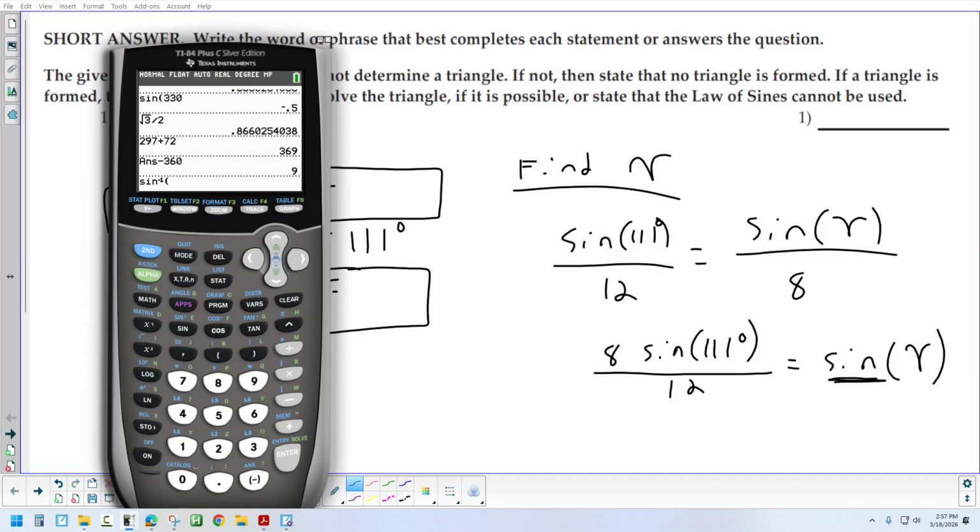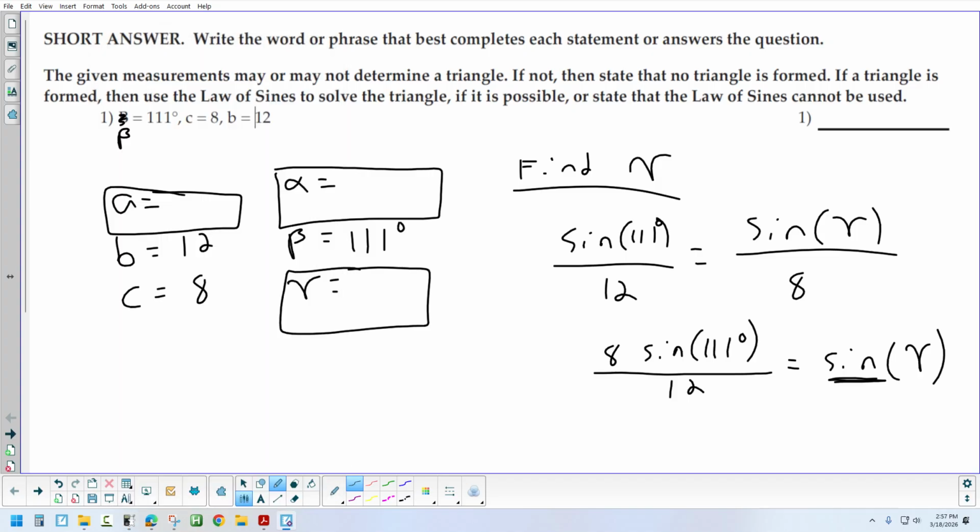So inverse sine of 8 sine 111 divided by 12. I have a feeling this is going to work, so we're not going to get a no solution. And it did work. So we get 38.491, and that's for gamma.